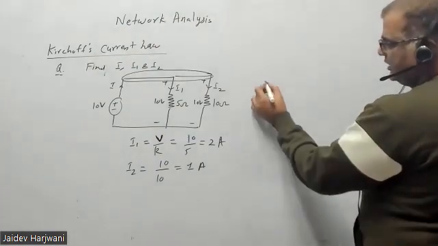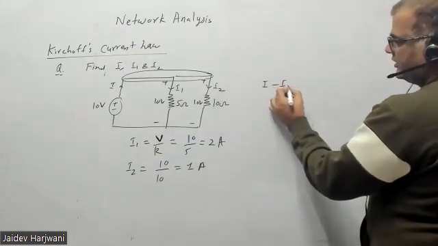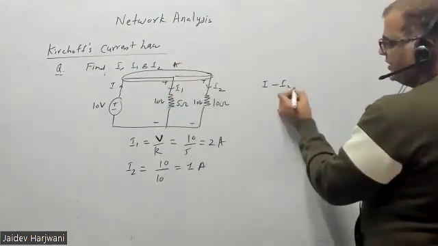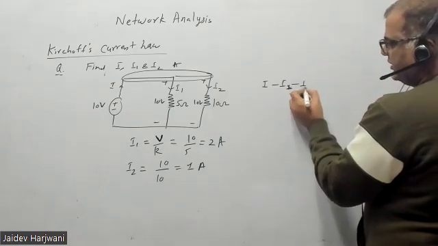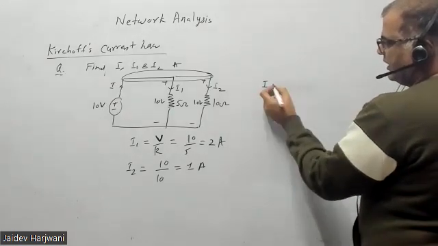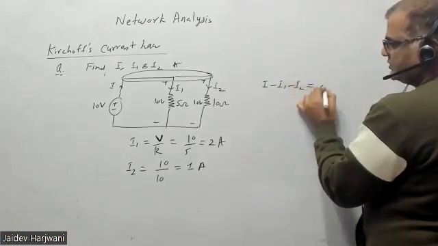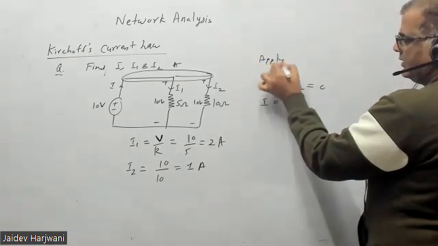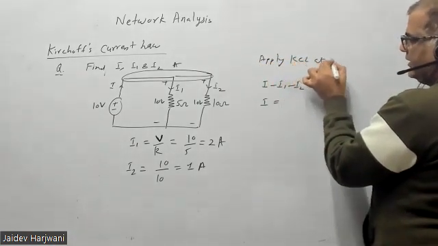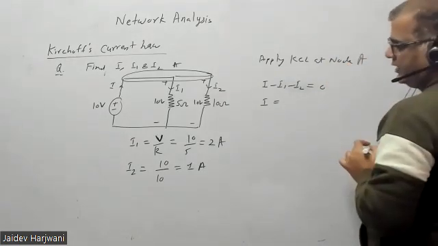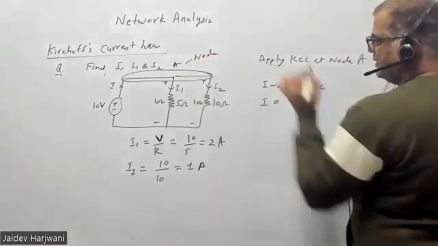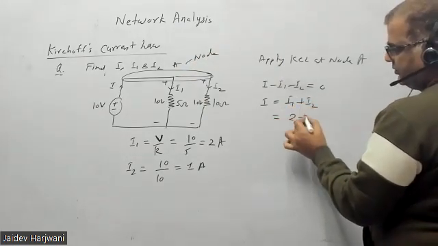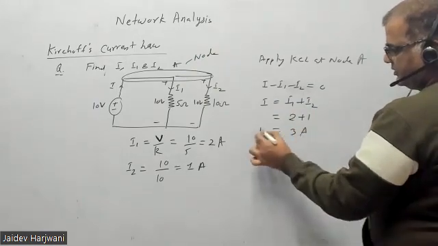If you say incoming current positive and outgoing current negative, then at node A, I is incoming, and I1 and I2 are outgoing. So I minus I1 minus I2 equals 0. Applying KCL at node A gives I equals I1 plus I2, which is 2 plus 1, so I will be your 3 ampere.